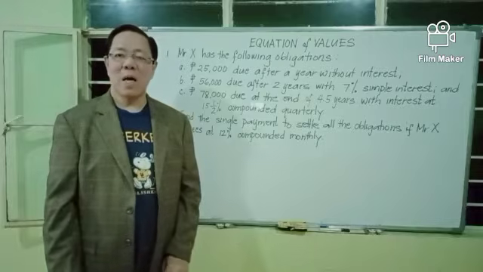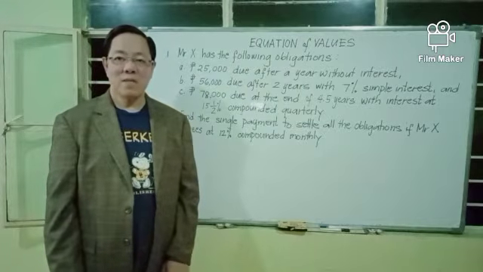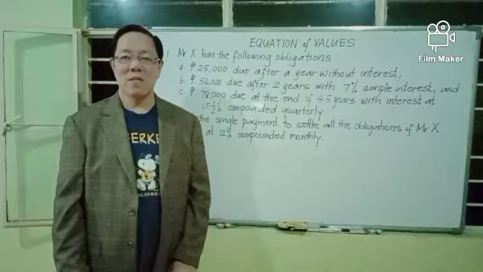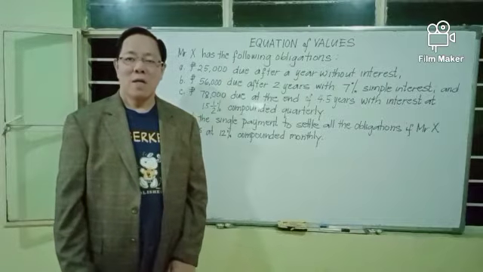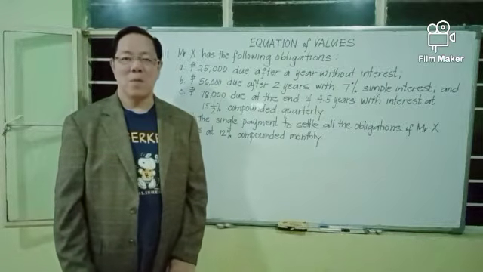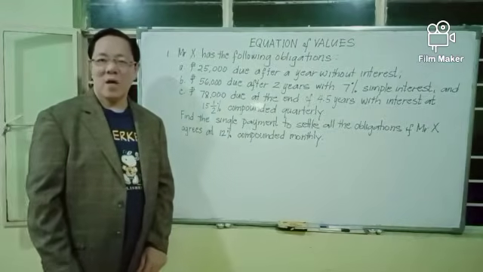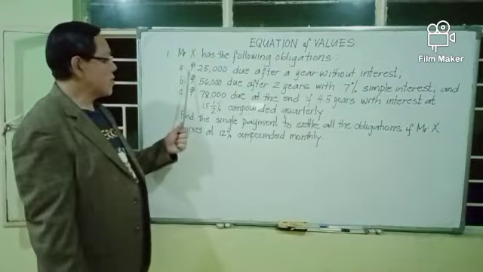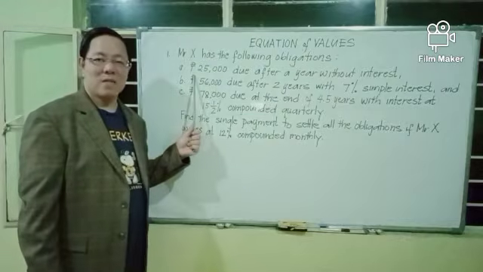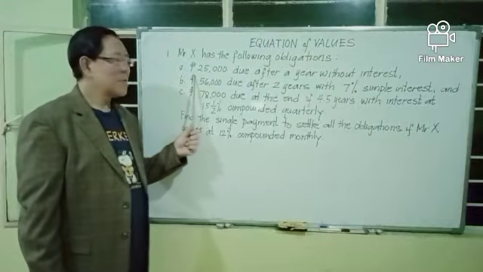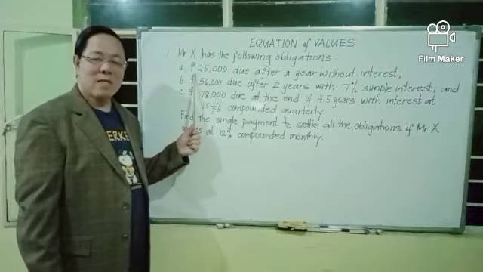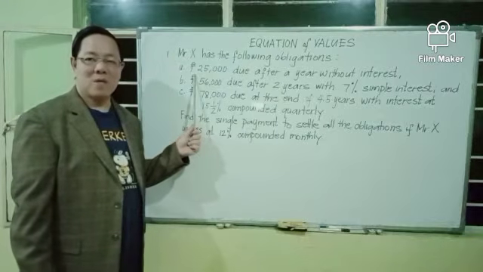In the equation of values, one side of the equation will consist of the sum of the maturity values of the obligations. In this example, Mr. X has three obligations, but the first obligation of 25,000 pesos has no interest. So after 1 year, Mr. X will pay the same amount of 25,000 pesos.